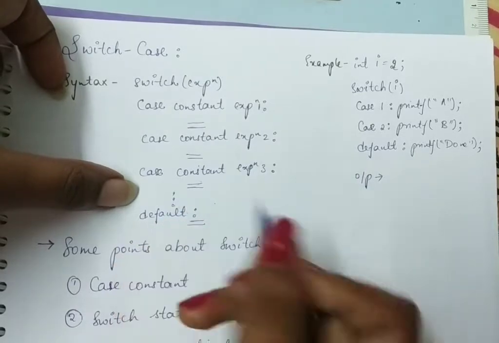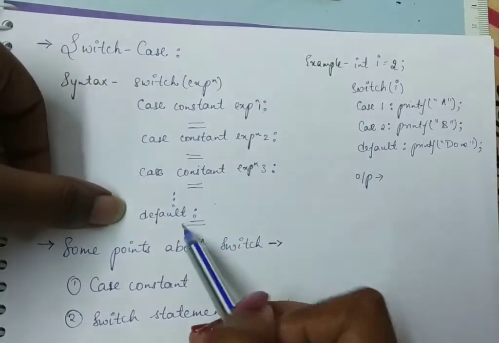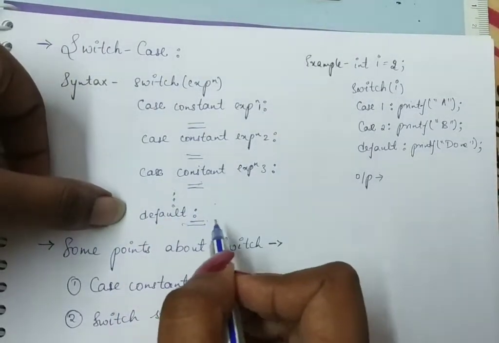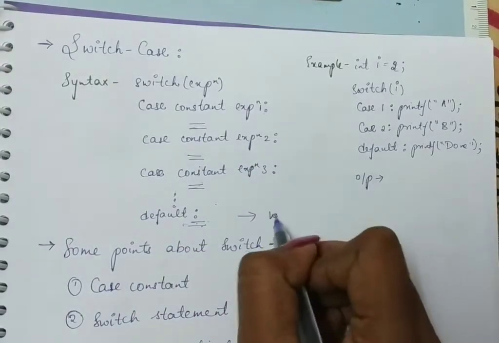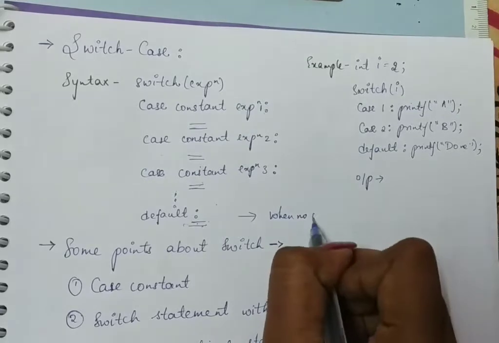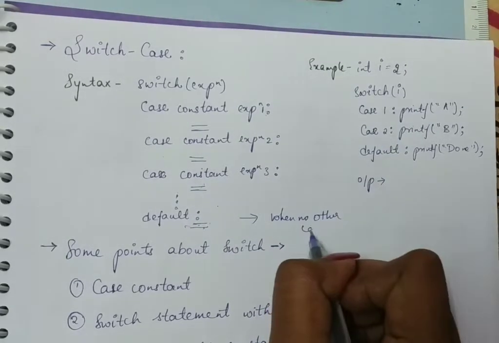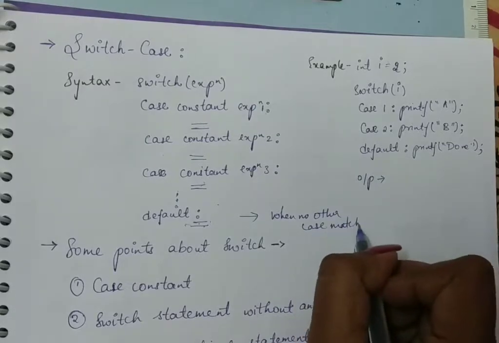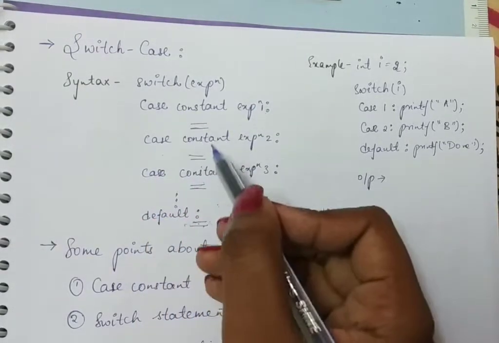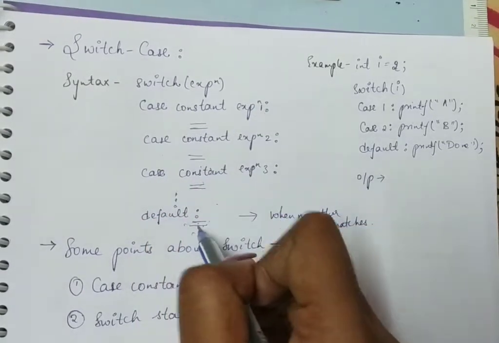There can be any number of cases. And then there's a final default statement. This is executed when no other case matches. So if there's no matching case written above it, then the default statement is executed.